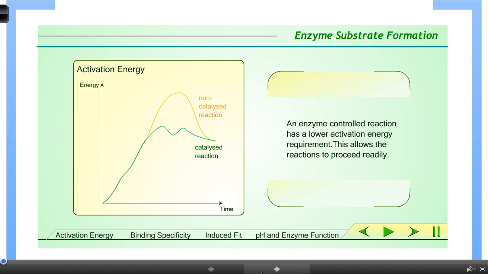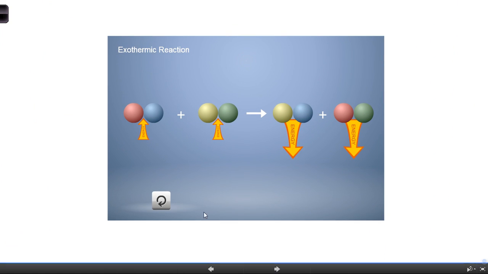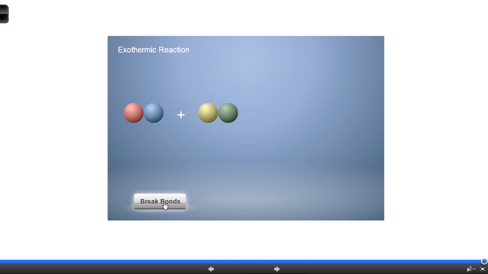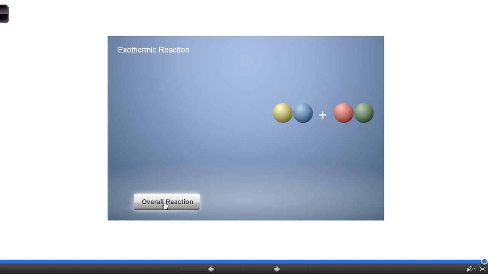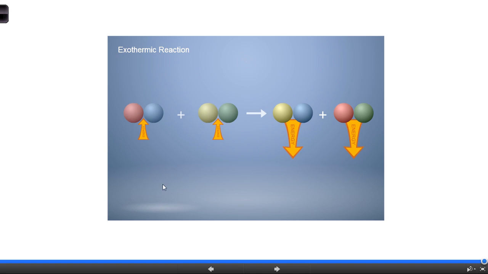For instance, if we come back to this reaction down here, the first step was the breaking of the bonds, and then the next step was the forming of the bonds between the product. That first step required energy to be put in to break those bonds.